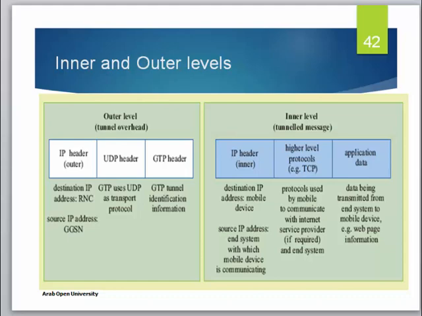GTP uses the user datagram protocol, which is UDP, to send the tunneled packets, and also adds its own control header, which is used among other things to identify which tunnel is which.